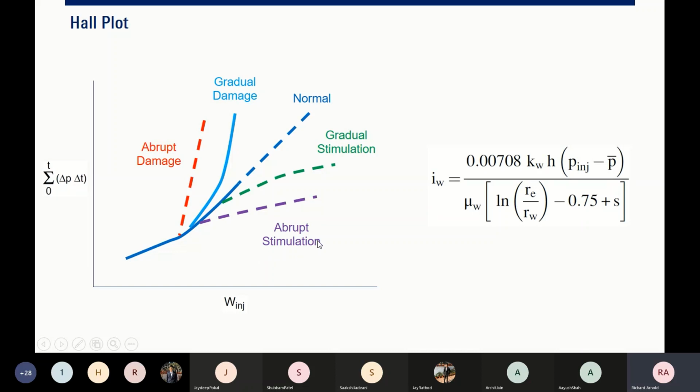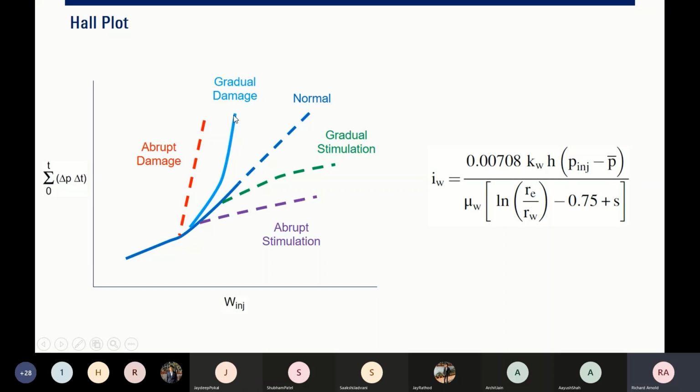it means that there is an abrupt stimulation. Maybe there is fracturing, or maybe you did acidizing, and of course the slope will decrease. And if you have this trend, it means that you experience gradual stimulation, but most of the time your Hall plot will give this trend, either abrupt damage or gradual damage.